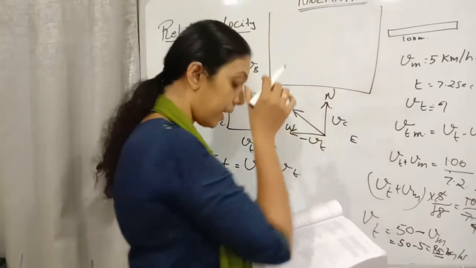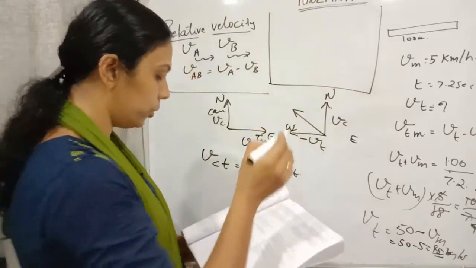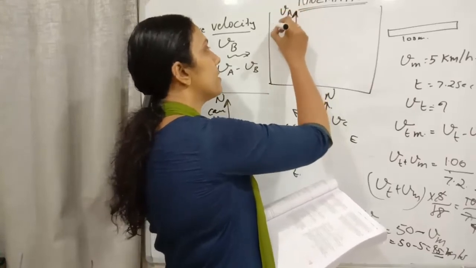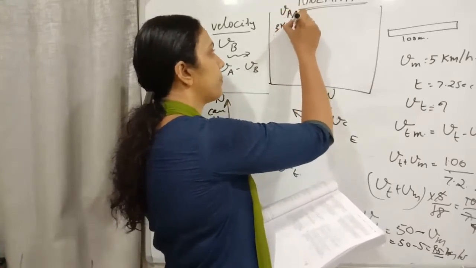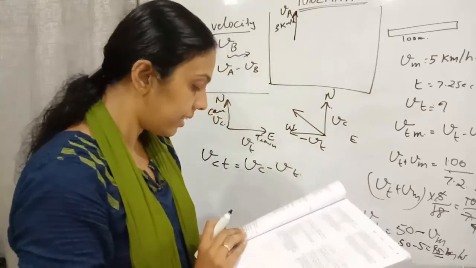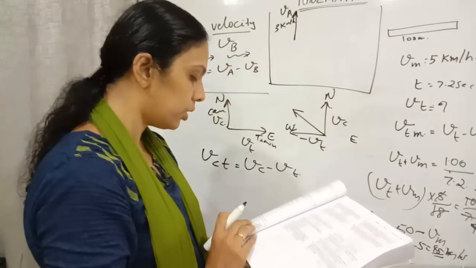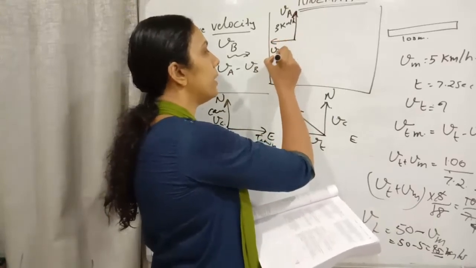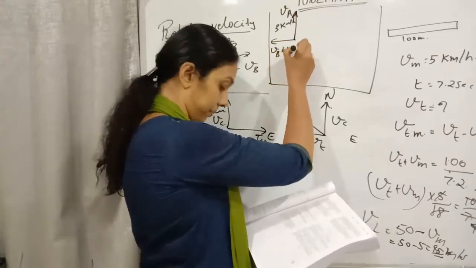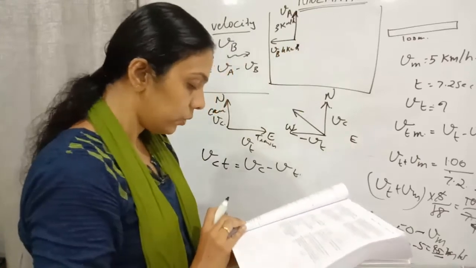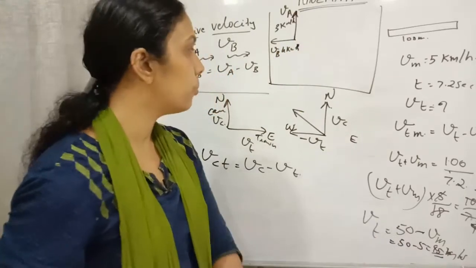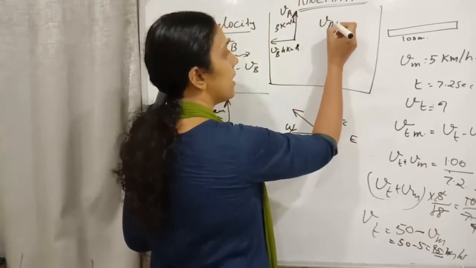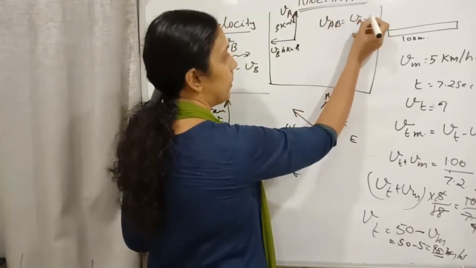Particle A is moving due north at 3 km per hour, and particle B is moving due west at 4 km per hour. The relative velocity of A with respect to B means VA minus VB.